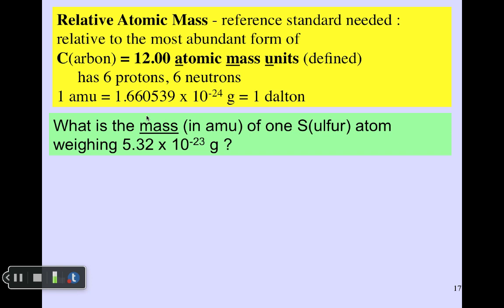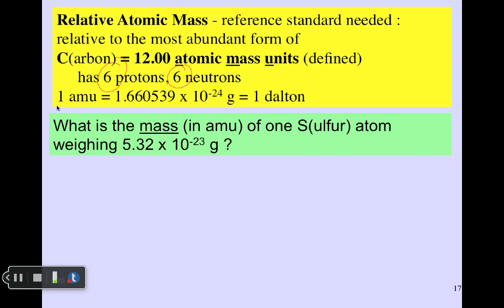It is a relative unit, a reference standard compared to the most abundant form of carbon, which with its 6 protons and 6 neutrons is 12 atomic mass units. So you can imagine 1 proton and 1 neutron are each about 1 atomic mass unit. So how does that relate to grams?